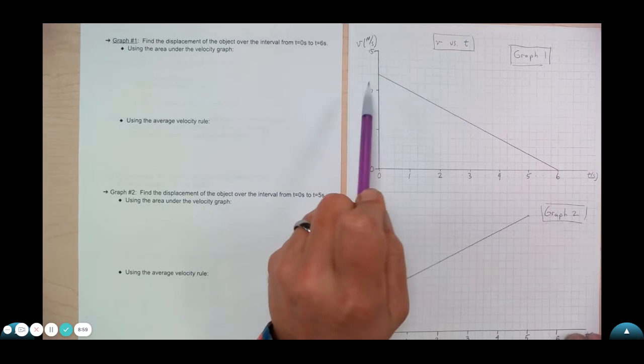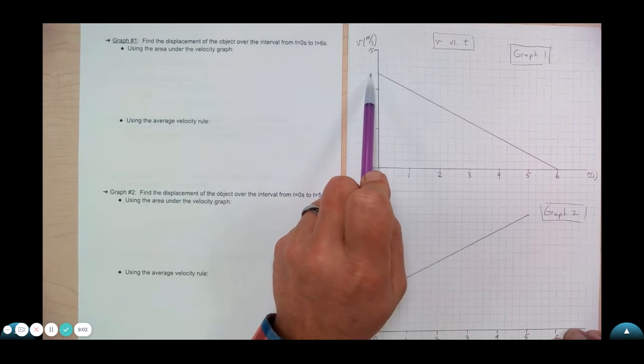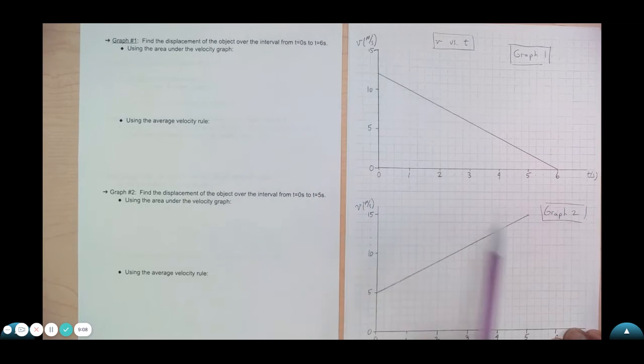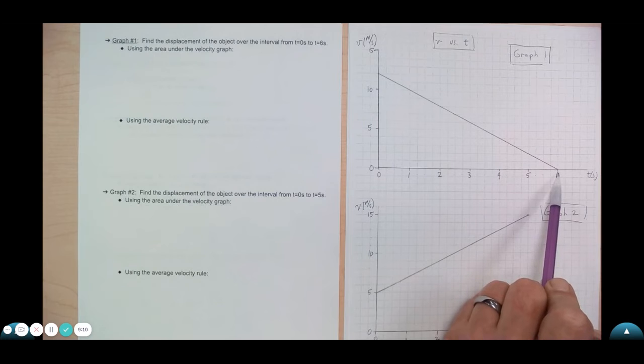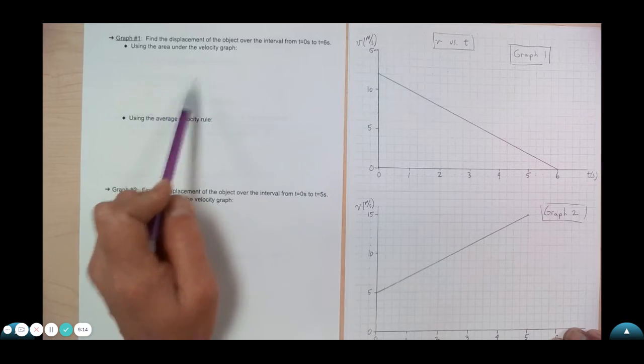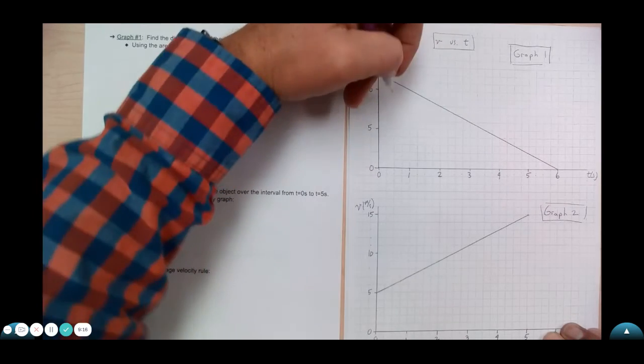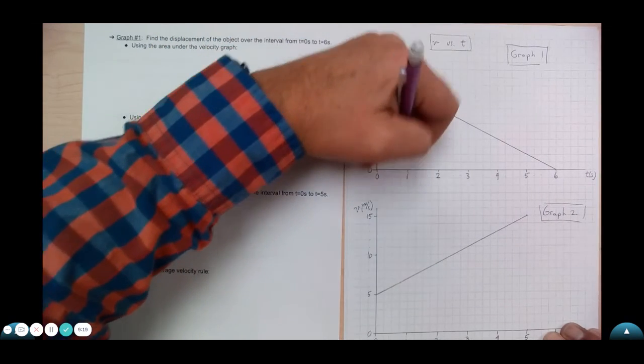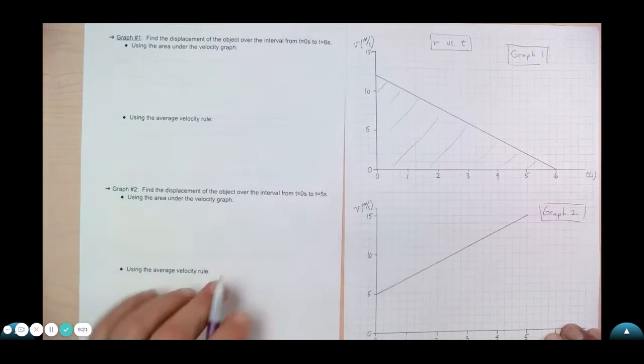So let's look here. This is an object that had a positive 12 meter per second velocity. So it was moving forward to the right at 12 meters per second. And over 6 seconds, slowed to a rest. So if I want to get the area under this, that's the area of this big old triangle.